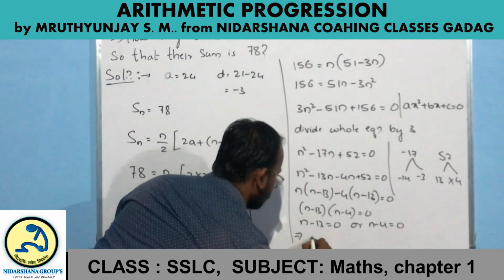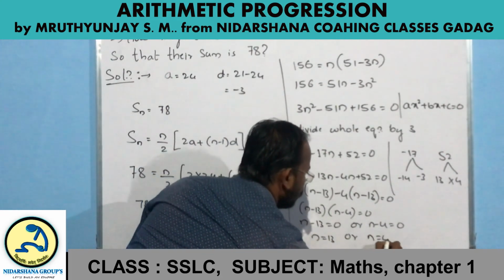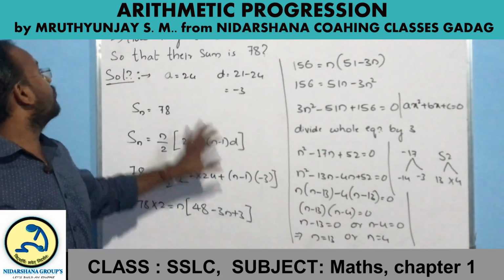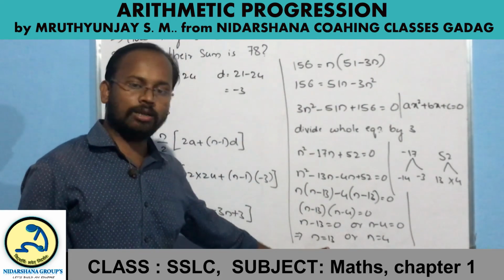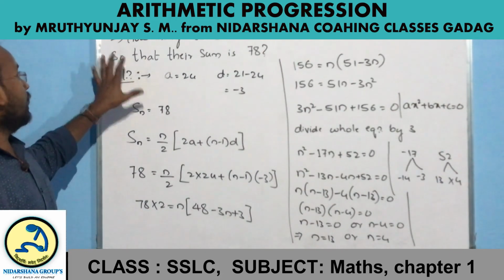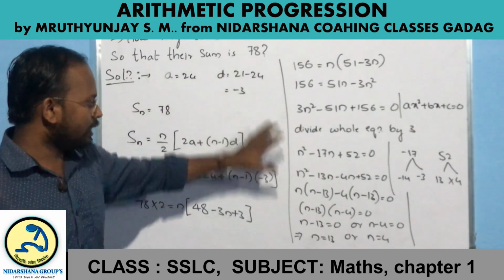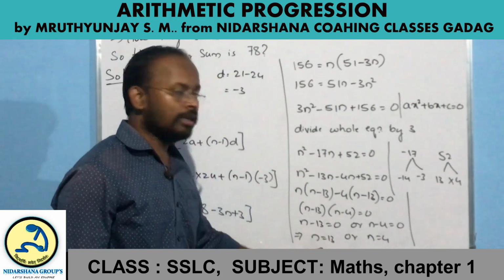That gives us n is equal to 13 or n is equal to 4. By this we can conclude that the number of terms used to get the sum 78 is 4 or 13. We can use 4, we can use 13.